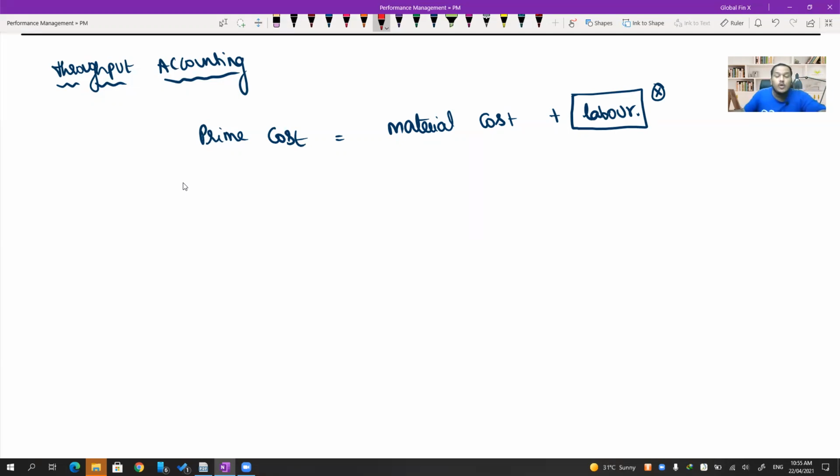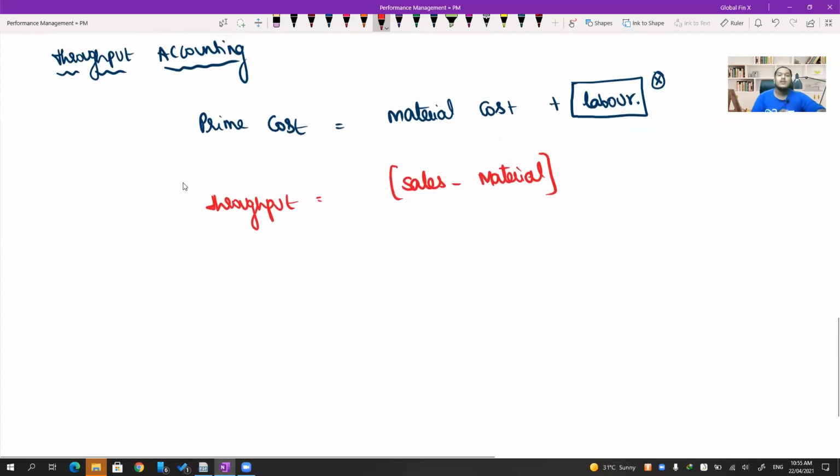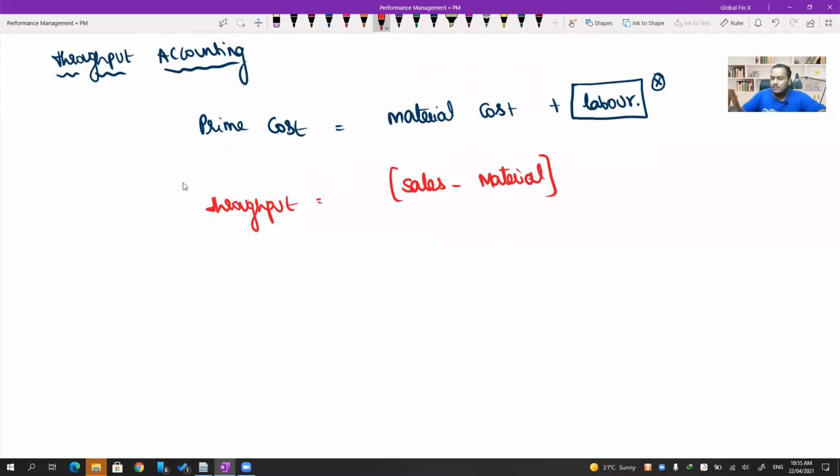So they say don't calculate contribution, calculate throughput. What exactly is throughput? Throughput is nothing but the sales price minus the material cost alone. Only the material cost, not even labor. They say only material cost is the truly variable cost.